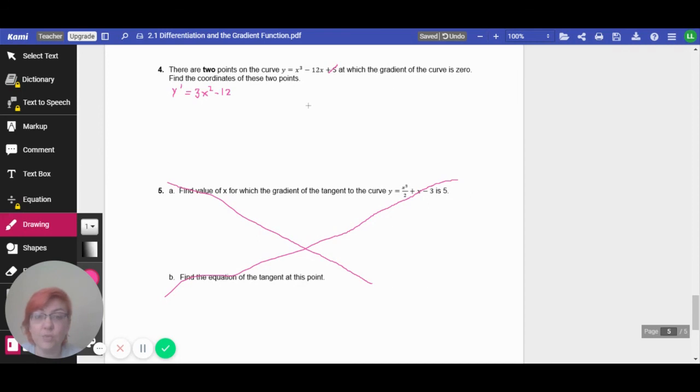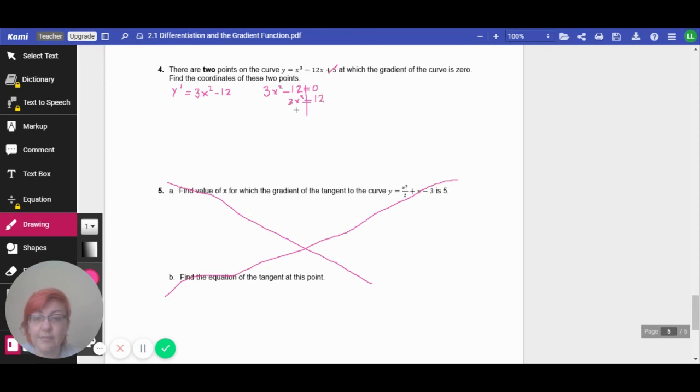Now, 2 points where it's 0. So I'm going to solve 3x squared minus 12 equals 0. I'm going to add 12 to both sides, which leaves me with 3x squared equals 12.